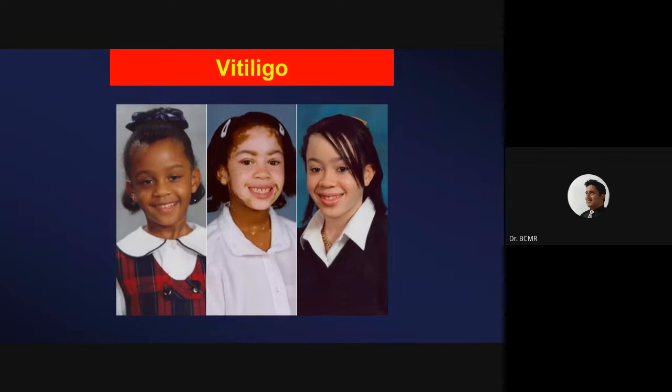So this is a nice representation. A girl born like this, over some period of time, has become like this, fully fair. She lost the melanocytes; the pigment-producing cells are lost, and so her skin now is without pigments.